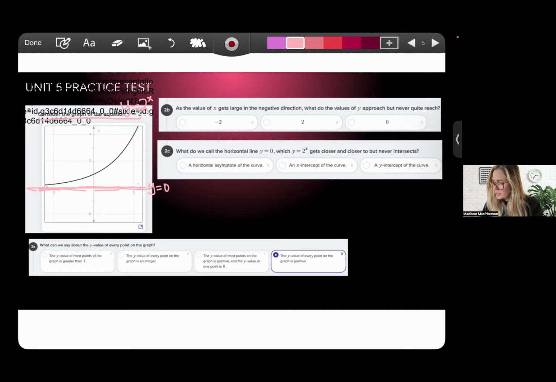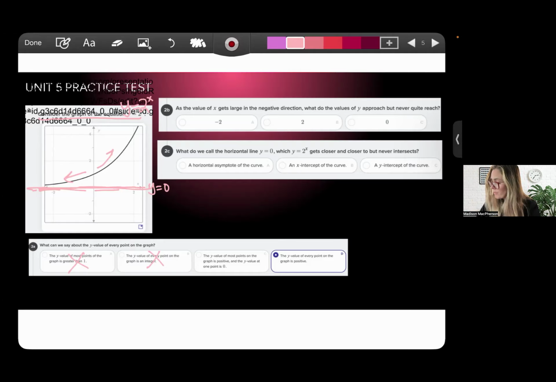So looking at these options here, we've got the y value of most of the points is greater than 1. Not true. Okay, we have some points greater than 1 this way. We have some points that are less than 1 going that way. Neither is most. Okay, both of the lines going to go on and on forever in both directions. The y value of every point on the graph is an integer. Not true. Some of them are rational numbers.